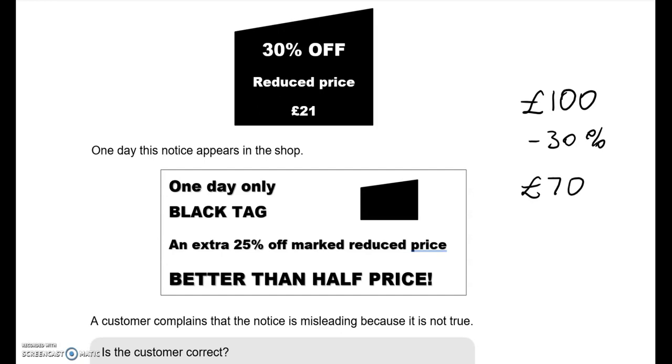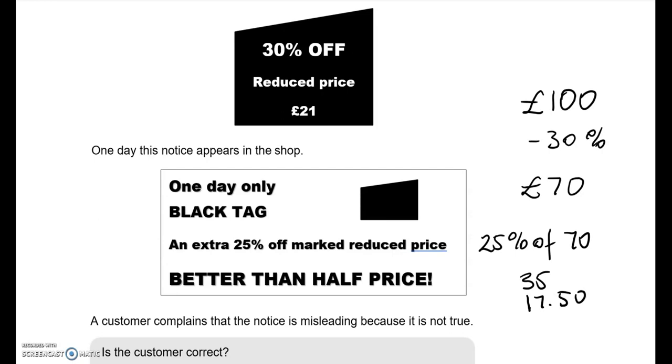Now we've got an extra 25% off. So 25% off 70, that is 1/4 of it. Half is 35, so half of 35 now to get 1/4 of 70 is £17.50.